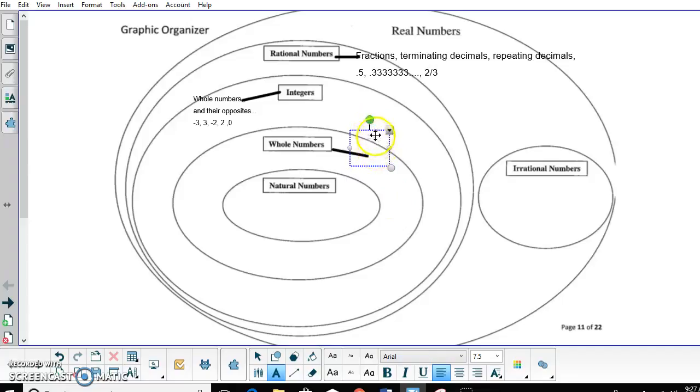Some examples of our whole numbers would just be 0, 1, 2, 3, 4, 5, 6, and we could go on and on and on. So those are our whole numbers. Let's go down here to natural numbers.